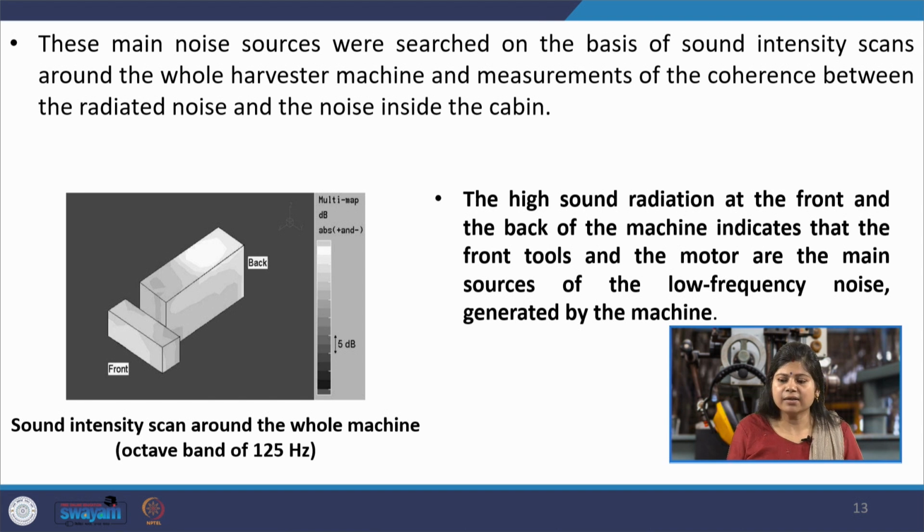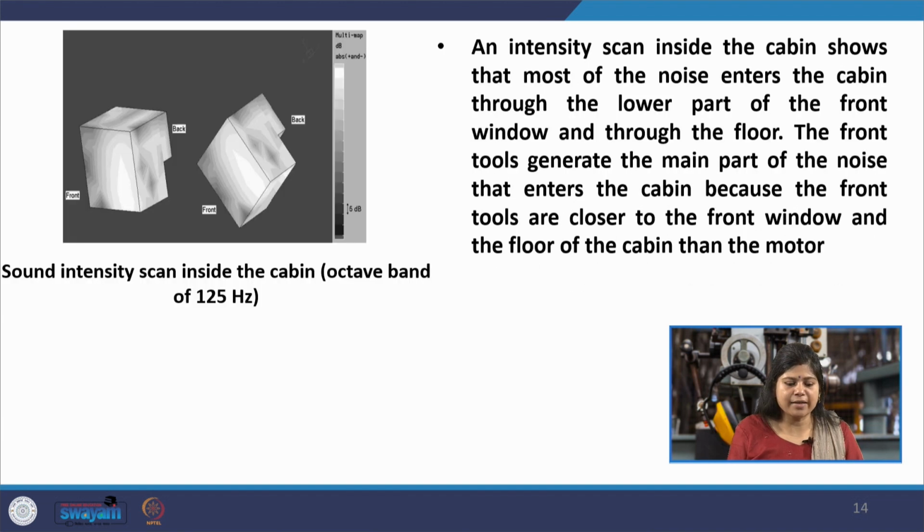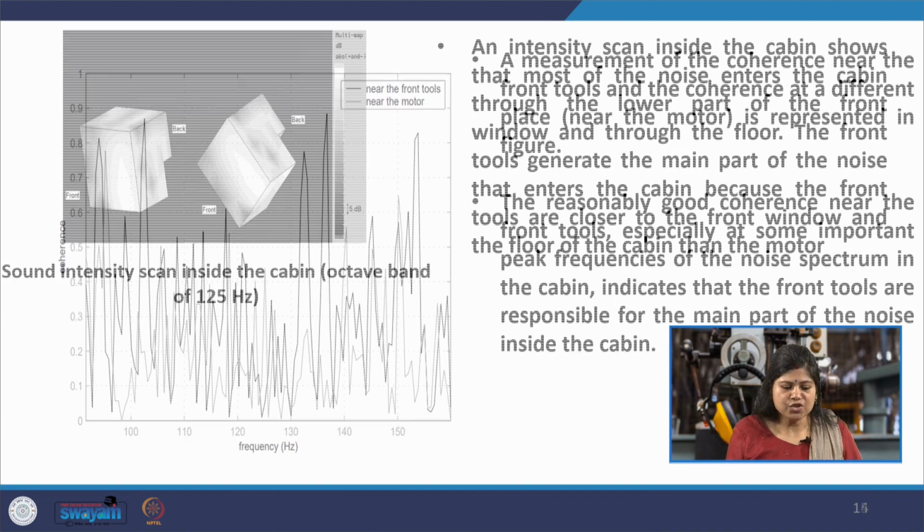To find out the location where we should measure the reference signal, they did sound intensity scans, or simply noise mapping, to find the distribution around the harvester machine and the zones of high sound intensity. Based on that, they selected the places where they would measure the reference signal. This shows the intensity scans of the various compartments within the machine.